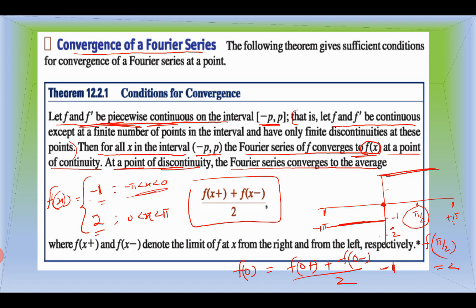When you fall to the right of 0, 0 plus is positive 2, 0 minus is negative 1, and divided by 2, the answer is 1 by 2. So this is the concept, how to find the value of f(x) at the point of discontinuity.